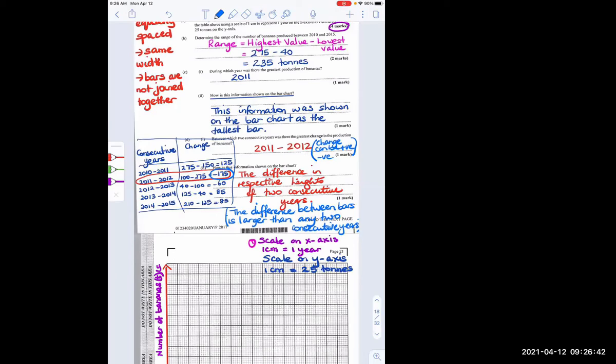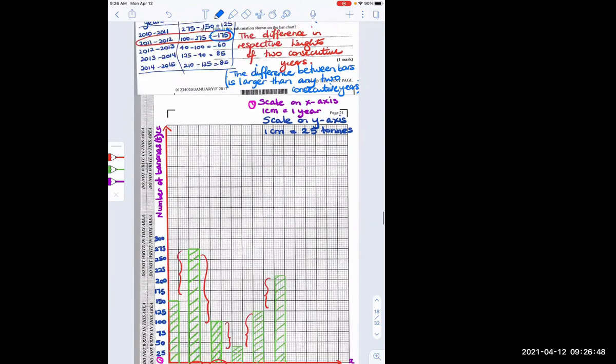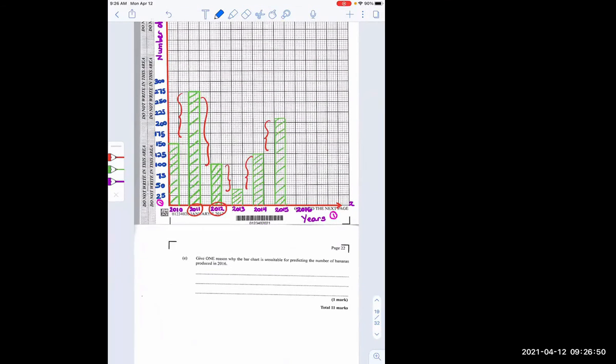All right, is anyone still writing? No, miss. All right. Give one reason why the bar chart is unsuitable for predicting the number of bananas.